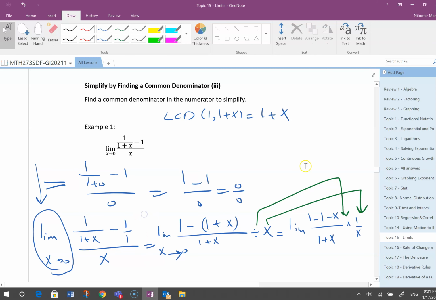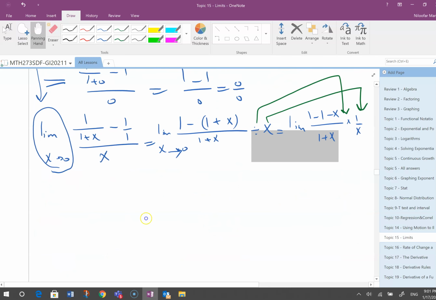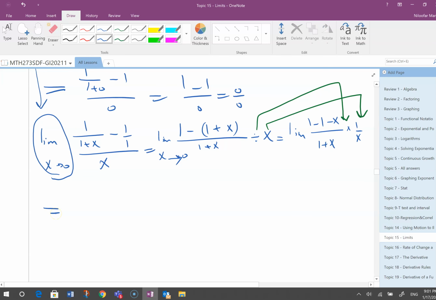This is driving me crazy. Okay, x goes to 0, so I cancel 1 and 1, and then I have limit x goes to 0 of minus x over 1 plus x, here, because that's 1 over x.